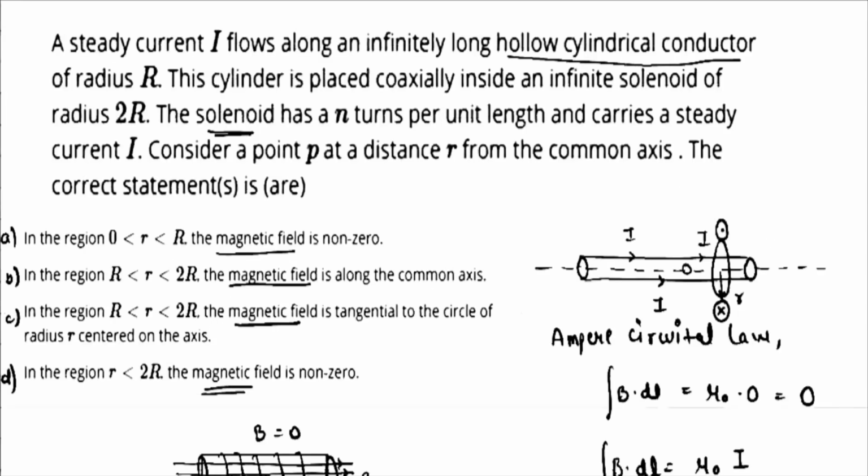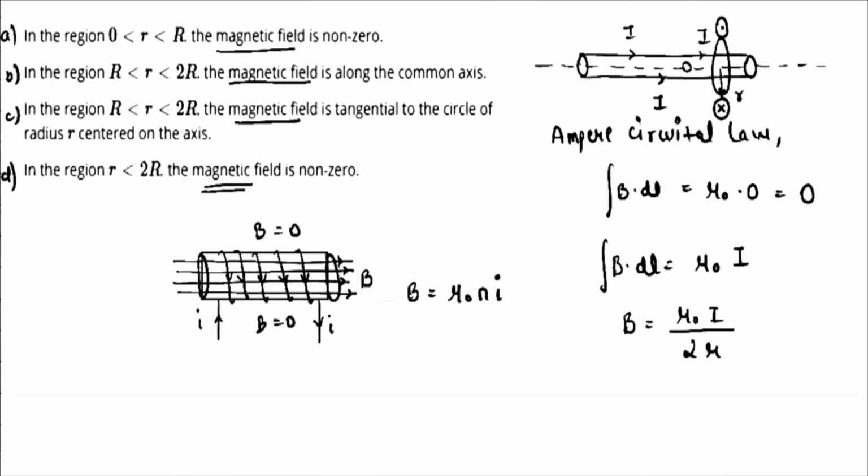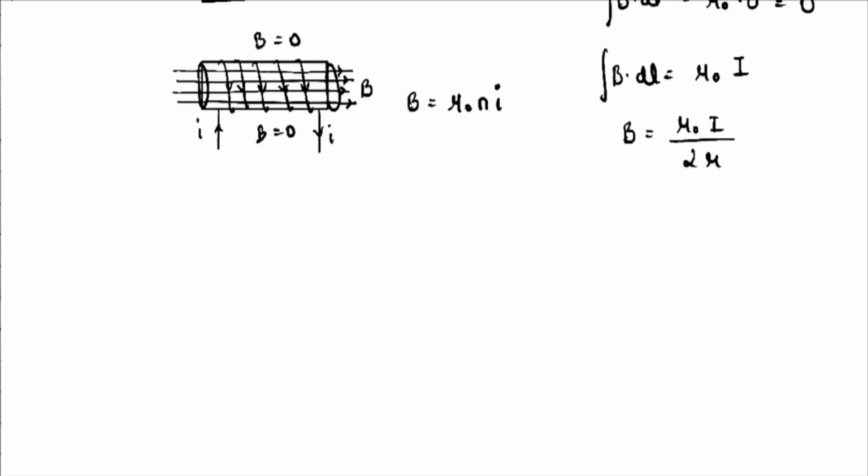Now let us check the statements one by one. In the region 0 to R, that is less than capital R, the magnetic field is non-zero. Let me draw the figure for this also. We have a solenoid like this, inside which a hollow cylinder is placed.